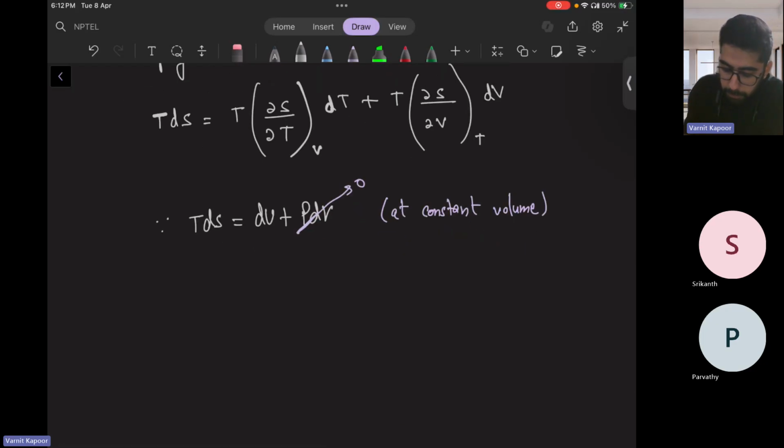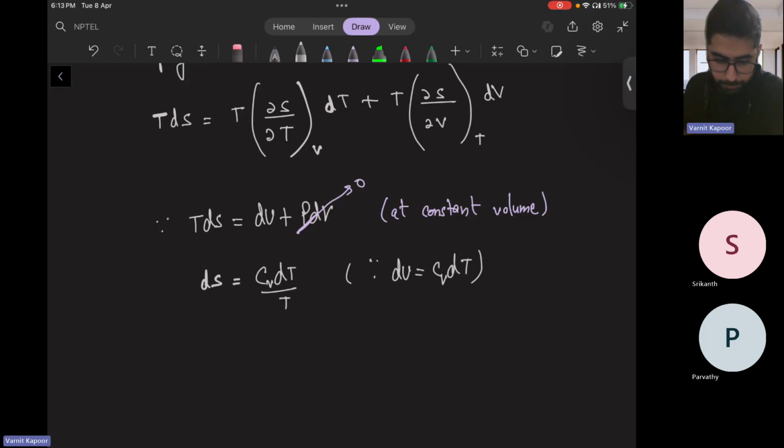So at constant volume, ds can be written as Cv dT by T, since du can be written as Cv dT.